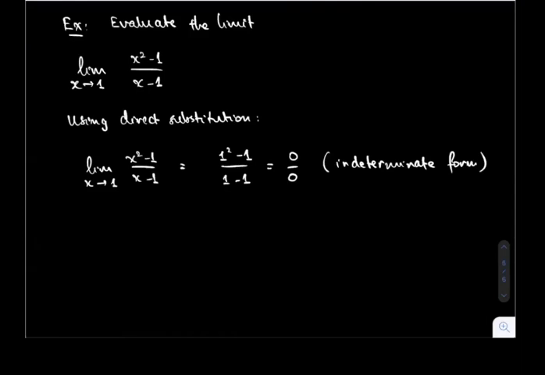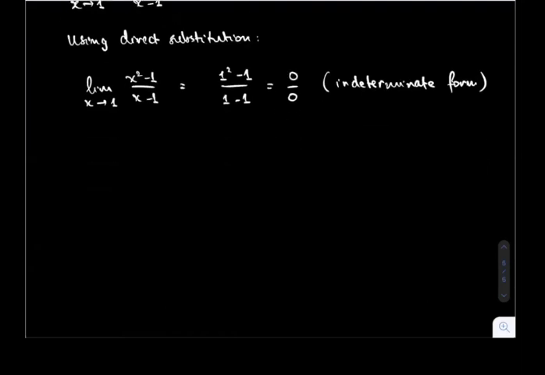So when you see something like this, you have to manipulate the function so that you avoid this type of indeterminate form. Okay. So if you notice this function x squared minus 1 over x minus 1, there's a way you can make the cancellations, right? So x squared minus 1 is what? x minus 1 times x plus 1. So before using direct substitution, what I can do is simplify the function.